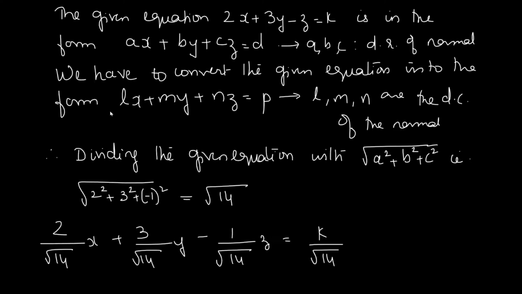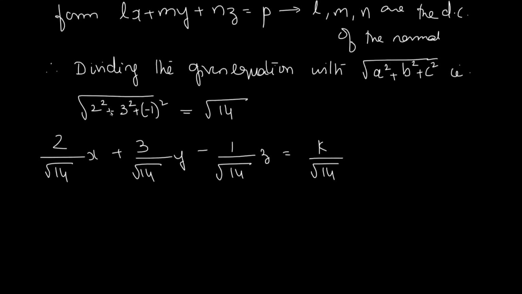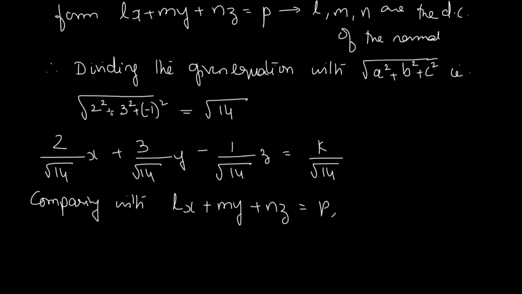Now this is of the form lx plus my plus nz is equal to p, so comparing, we get p is equal to k upon root 14, where p is the perpendicular distance of the origin from the plane.